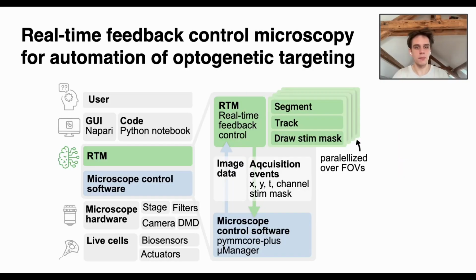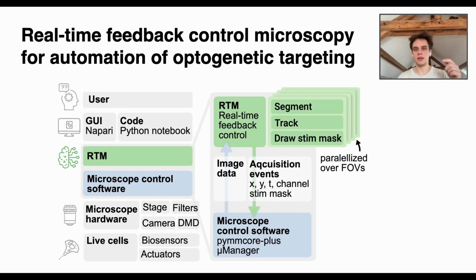In a bit more detail, we use the Micro-Manager software, which is this framework that has tons of drivers for a lot of the popular microscope hardware. So there's stages, cameras, light sources. There's a good chance that your microscope is also compatible with this.